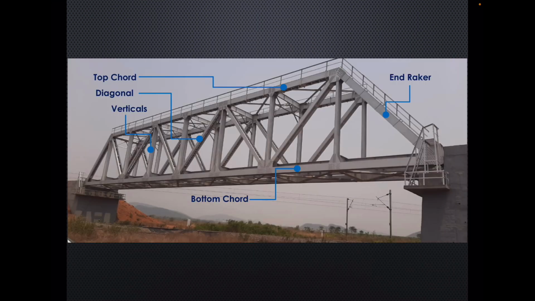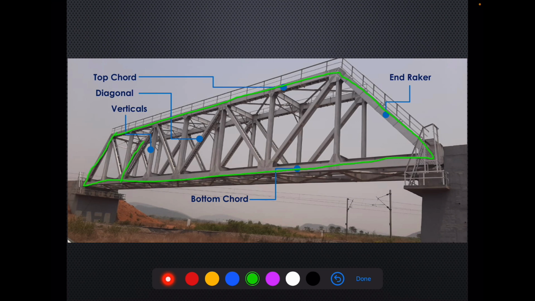To understand this open web girder, we can think of this open web girder as a combination of two trusses. One is this truss and another is this one, which is hiding behind this.